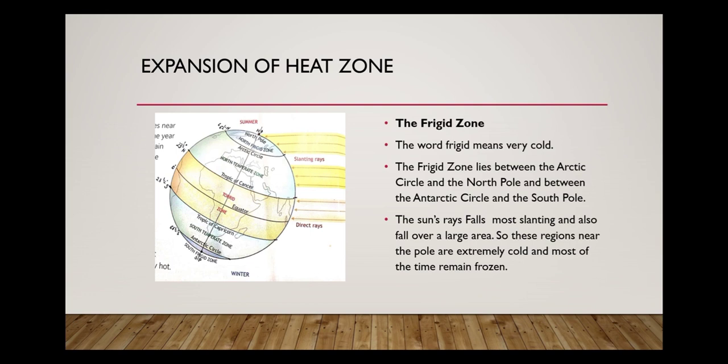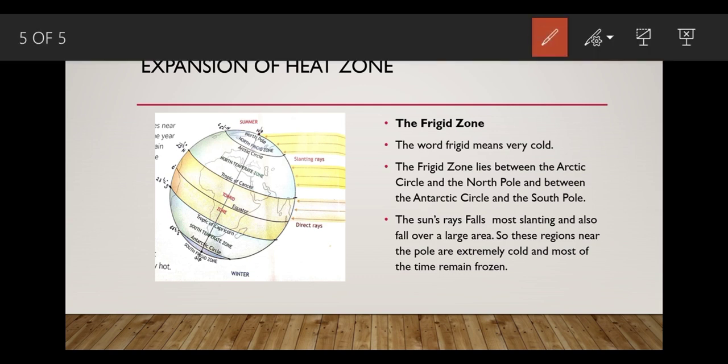Let us learn about the frigid zone. Children, the word frigid means very cold. Now, let us see where the frigid zone lies. Children, from 66.5 degree north till the North Pole, and from 66.5 degree south till the South Pole lies the frigid zone.